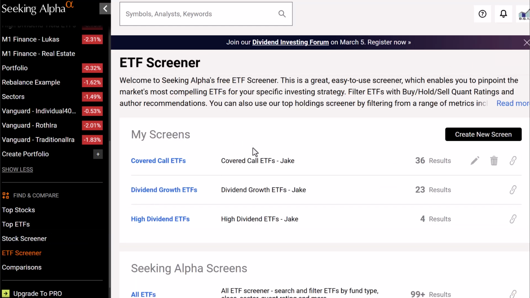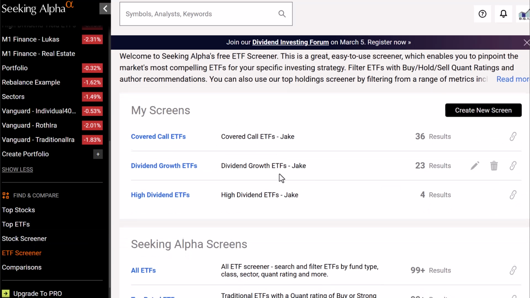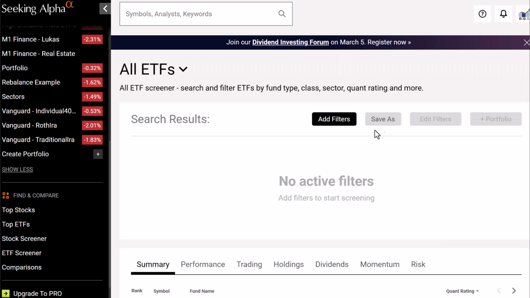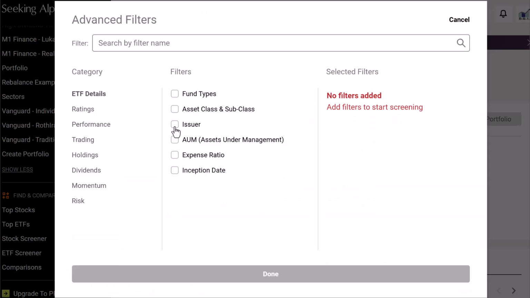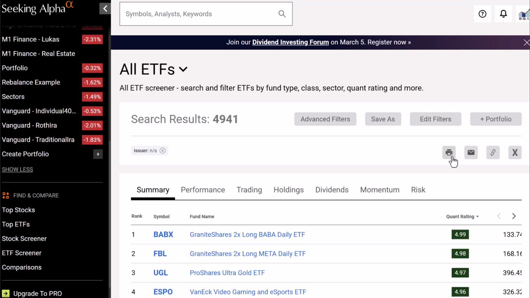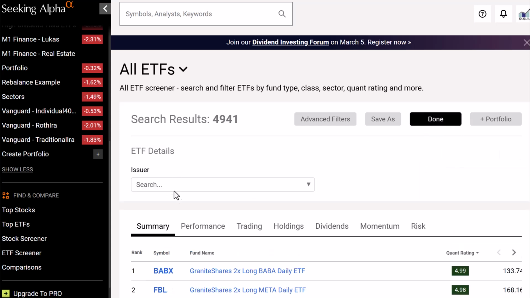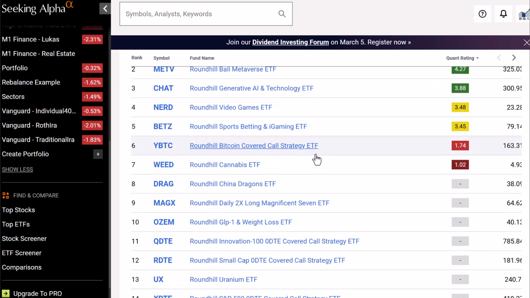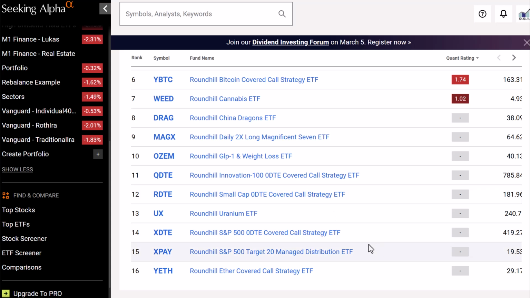So if you go here and you want to find the Round Hill ones, go to all ETFs and then add filter, go to issuer, add that. I might be going too fast here. Then edit filter and then type in Round Hill Investments. And then that will show you all of Round Hill's covered call ETFs. You'll notice here they're not classified as derivative income.